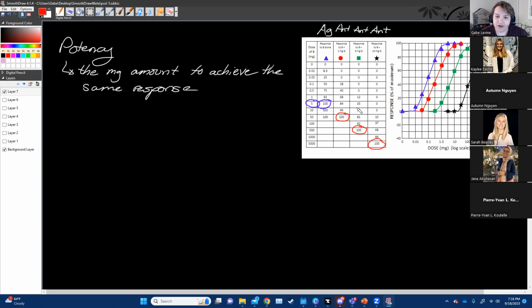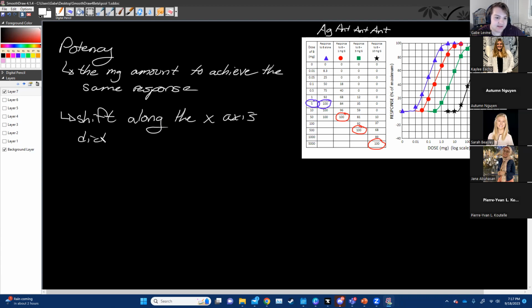So it's almost as if the agonist is becoming less potent, right? But really what we're seeing here is just the antagonistic effect of adding an antagonist. And so what we can see is that there is a shift along the x-axis that dictates potency.